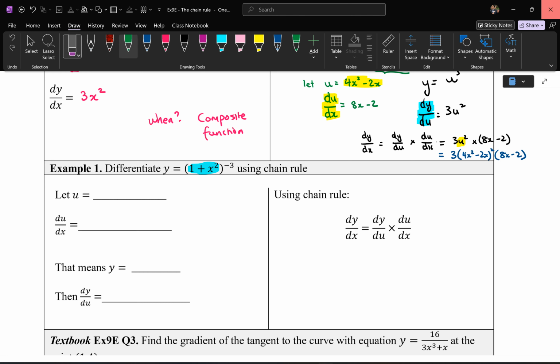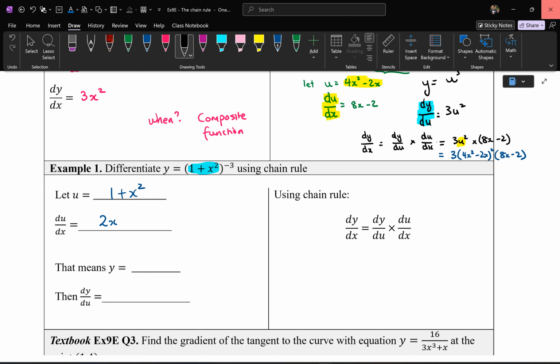So instead, what we do, we say, well, let's let u equal to 1 plus x squared. That means the derivative, which is delta u delta x, so in respect to x, must be, what's the derivative of 1 plus x squared? Let's go with Emily. Very good. So we get 2x, derivative of 1 is 0, derivative of x squared is 2x.